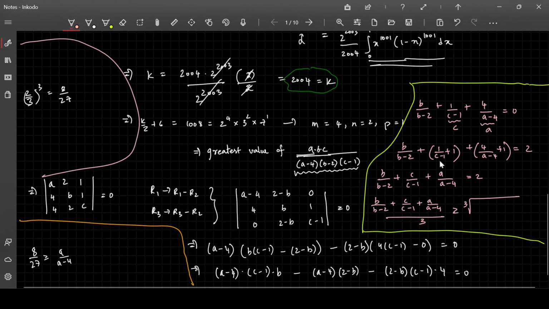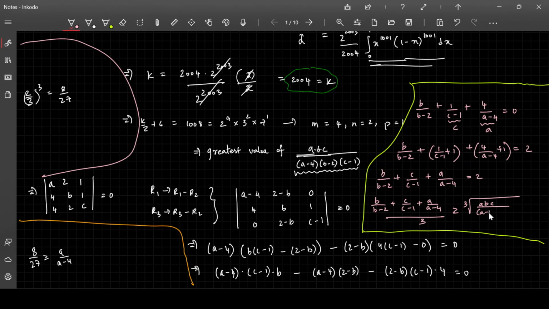So it's abc divided by a minus 4 into b minus 2 into c minus 1. Fine. So this is the expression: abc divided by a minus 4 into b minus 2 into c minus 1. So this is the final answer.